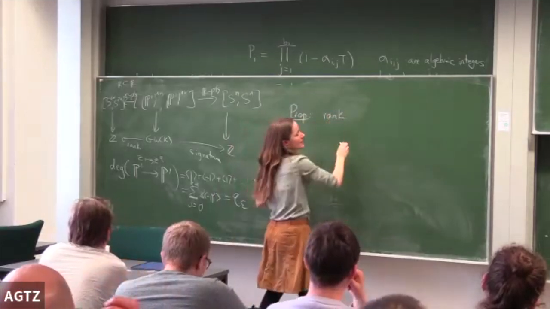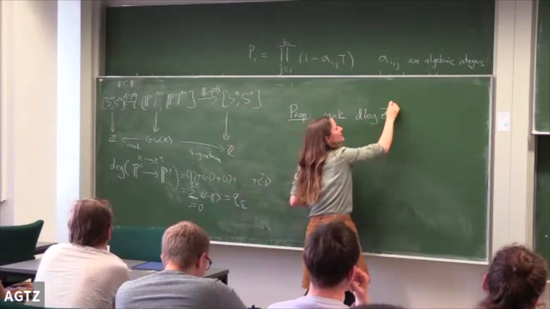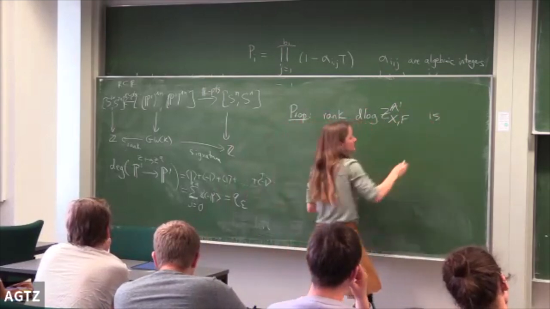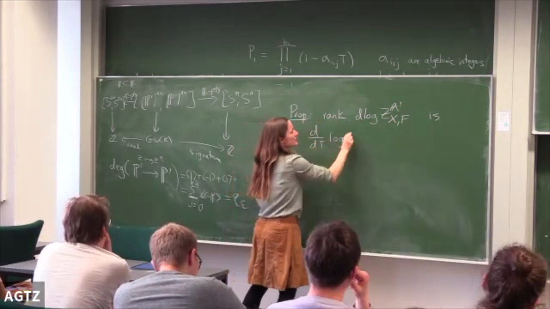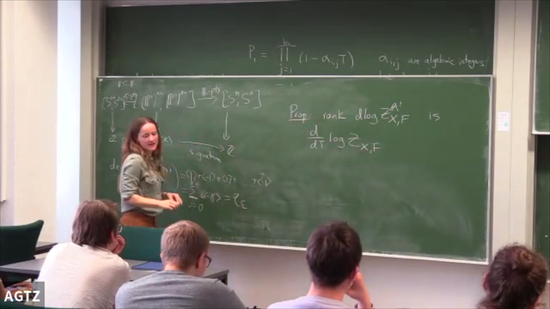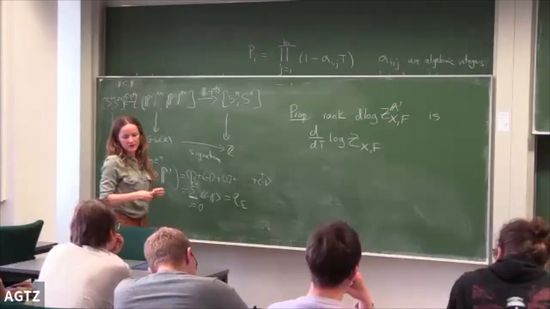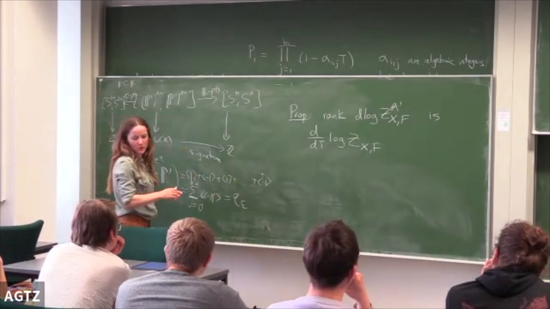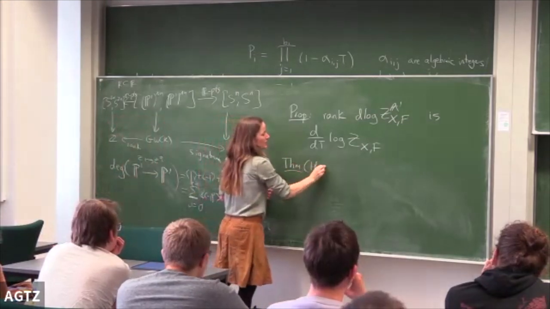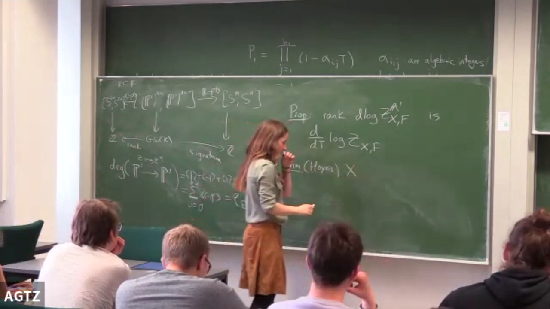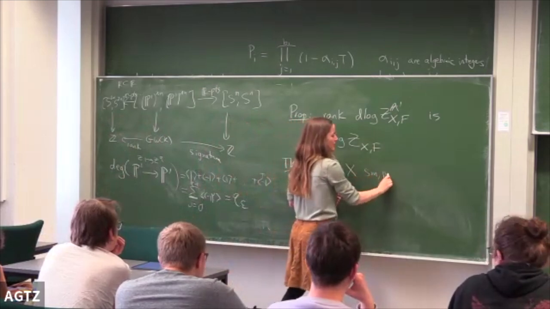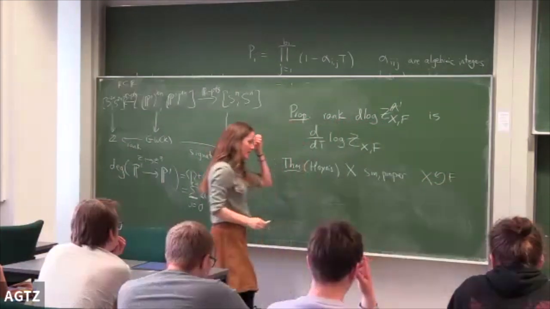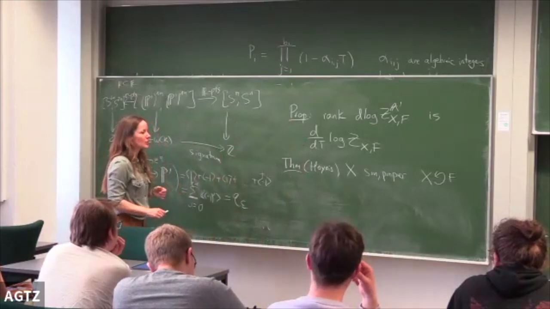So the rank of d log zeta 1 x f is the classical d by dt log zeta xf, and we can calculate what these extra Z2 terms are from the enrichment of the Lefschetz fixed point theorem due to Hoyois. So, let X be smooth proper and f an endomorphism of X with isolated fixed points.